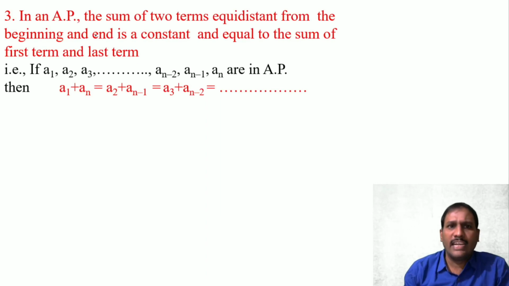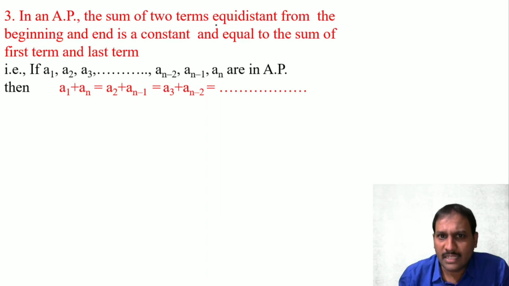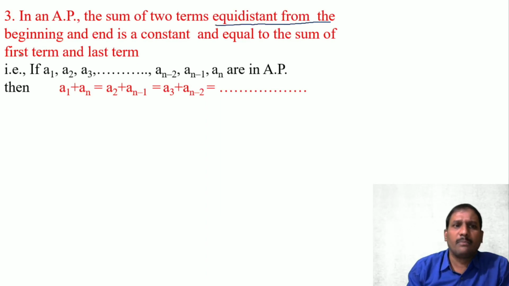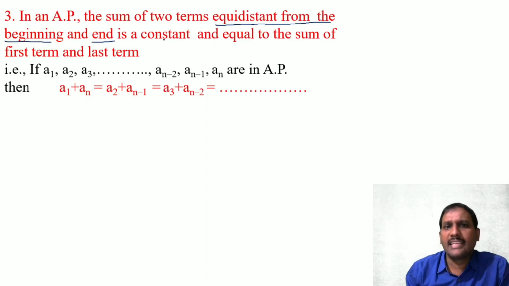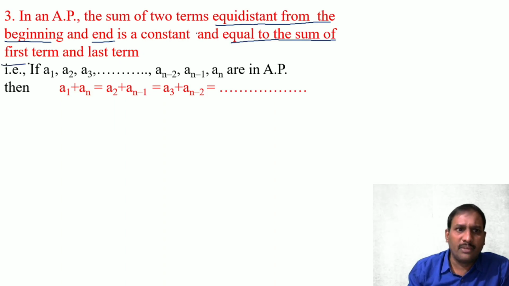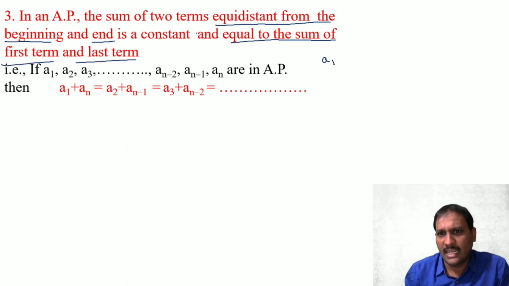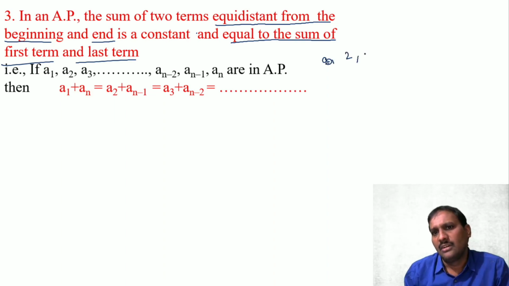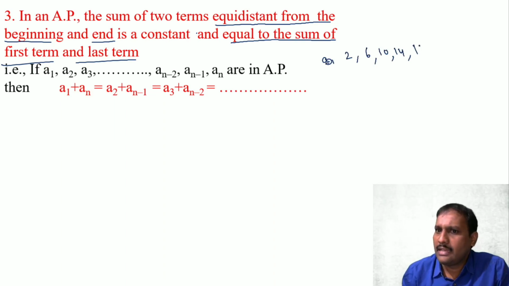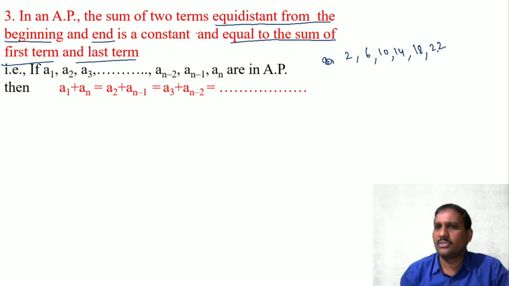Next, third property. In an AP, the sum of two terms equidistant from the beginning and end is a constant, and it is equal to the sum of the first term and the last term. So suppose let us take 2, 6, 10, 14, 18, and one more, 22.